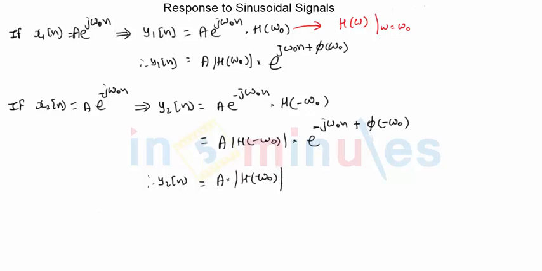So |H(-ω0)| will be |H(ω0)| into e^{...}, if you remember, the phase function was an odd function. So odd function means φ(-ω0) will be -φ(ω0). So there will be a minus sign here, there's a minus sign here. So if I take the minus outside, I'll get -j(ω0n + φ(ω0)). So this is my y1[n], this is my y2[n].